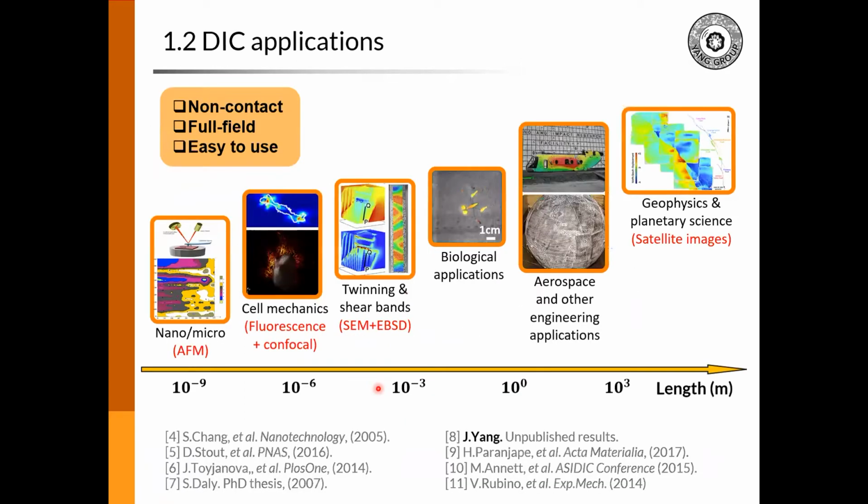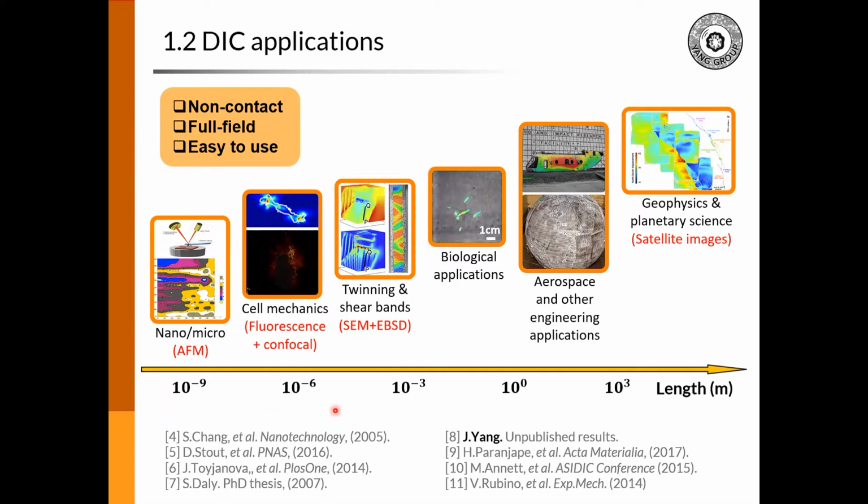To give you a brief introduction of how this method has been widely used nowadays, it can be combined with various other diagnostic techniques at very different length scales. On the nanometer length scale, you can combine digital image correlation with atomic force microscopy to measure deformation on the order of nanometers. On the micrometer scale, you can combine it with optical microscopy.